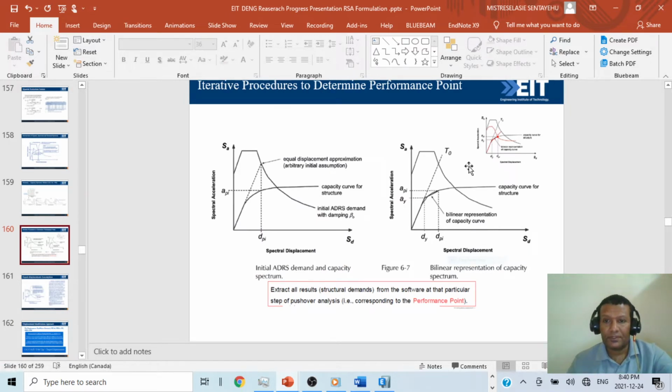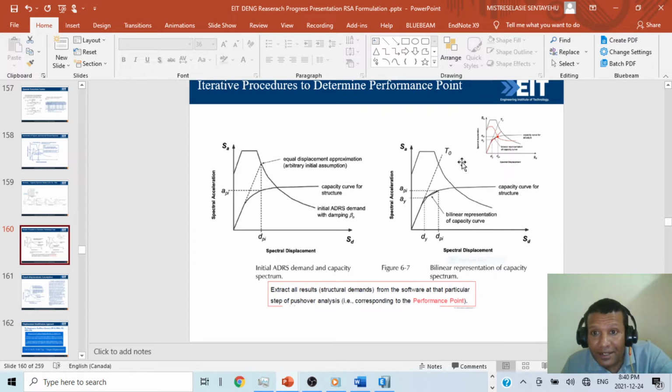Yes, look, to find the B effective to calculate SA and SV, we can start, for example, from this point. For example, we will say the demand spectrum will pass this point. Then we will take all these points and we will calculate B effective, and we will find SA and SV, and we will reduce our demand curve.